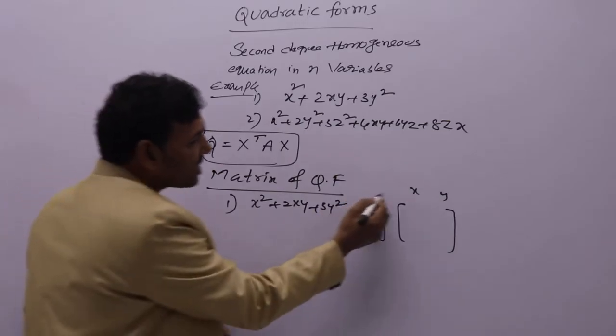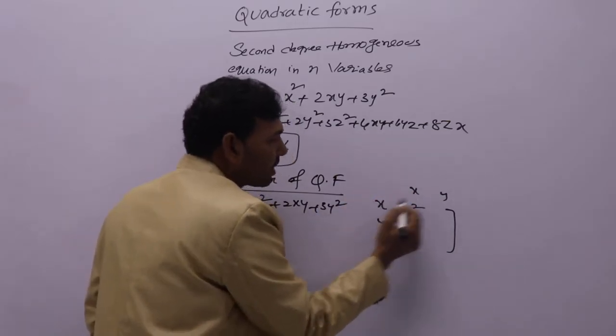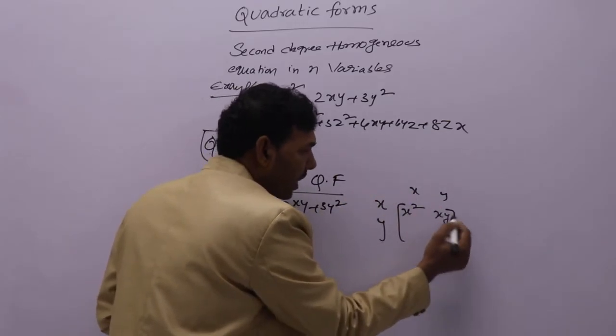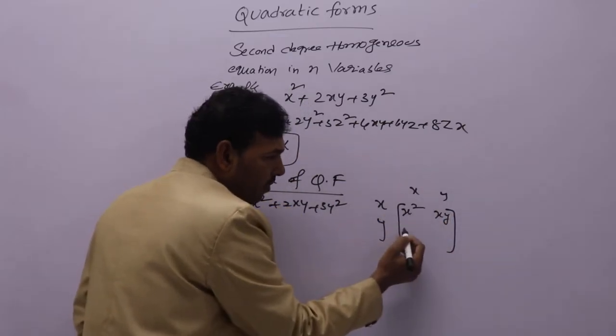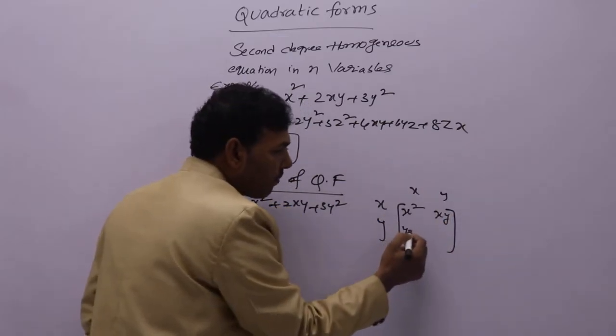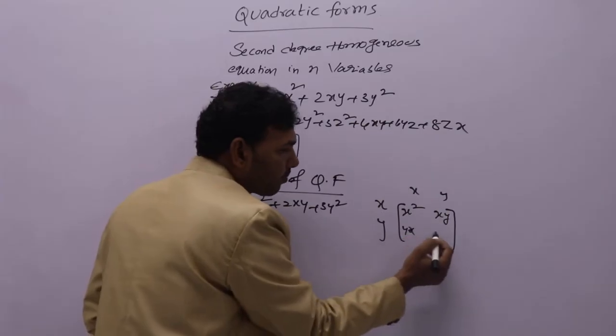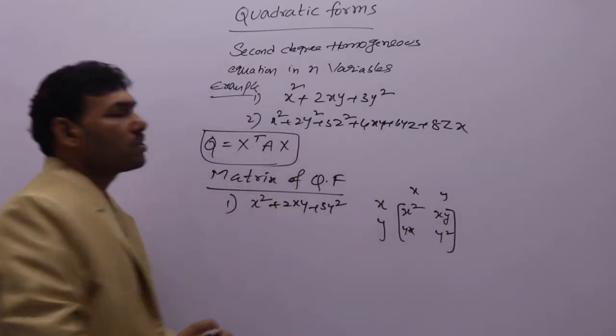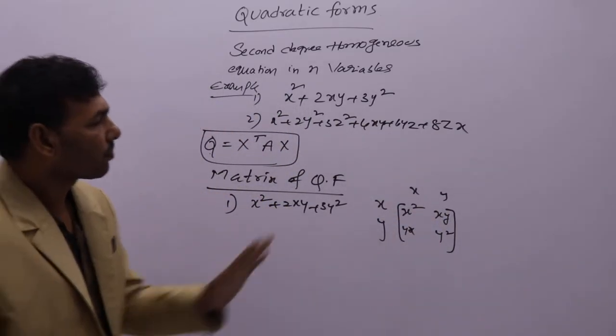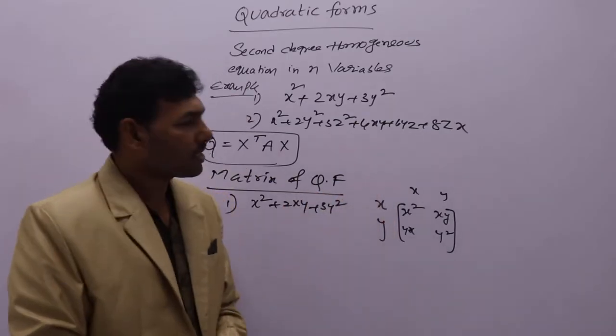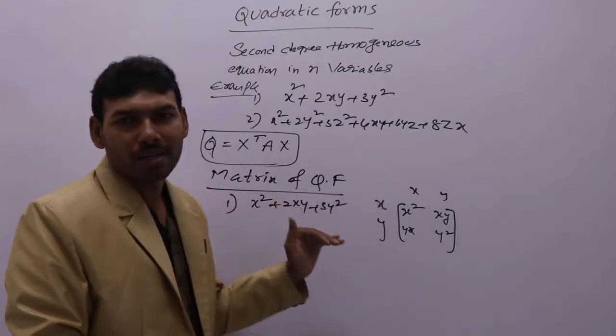Multiply x into x, x square, x into y, xy, y into x, yx or xy, your wish, y into y, y square.